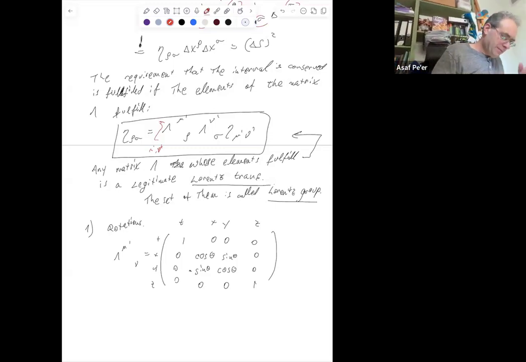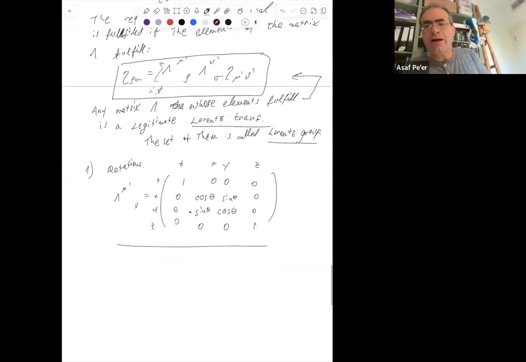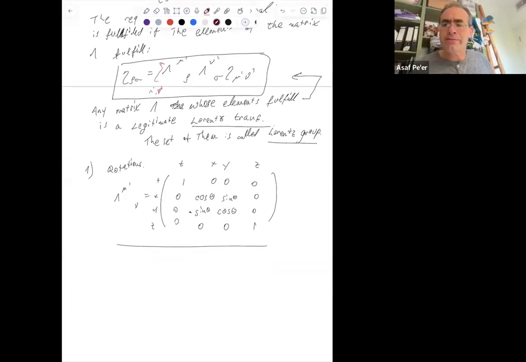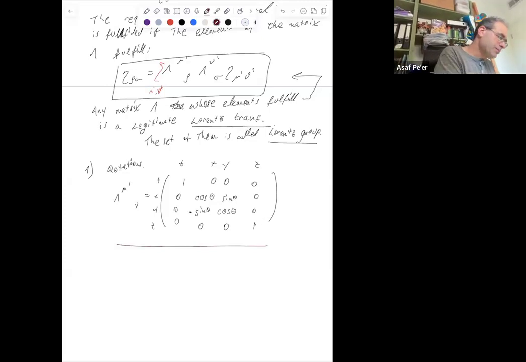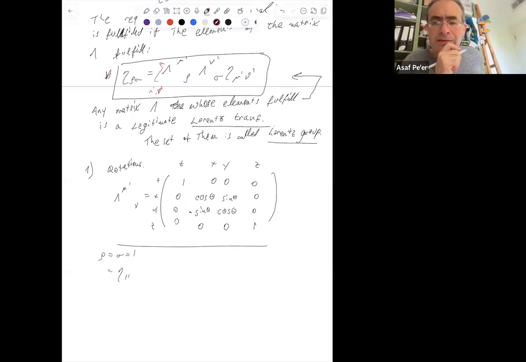So for example, I said I argue that this here is a legitimate Lorentz transformation. To really check that, you have to write down these 16 equations and see that it fulfills all of them. I won't do that, but I can select, for example, rho equals sigma equals 1, then we have eta 1,1. What is eta 1,1? Remember the matrix eta, the metric?